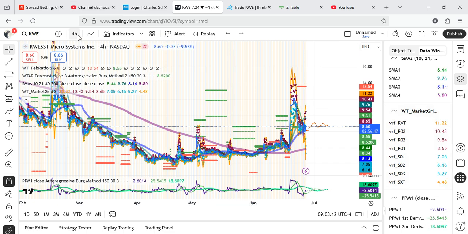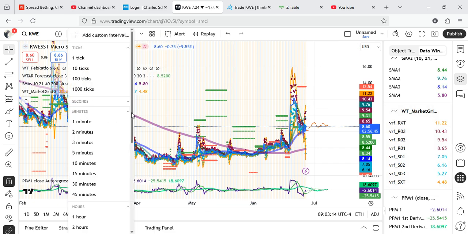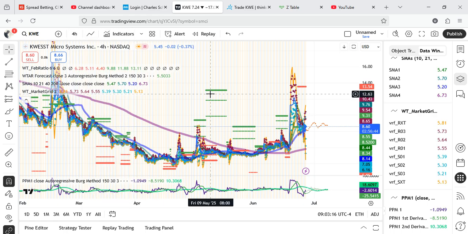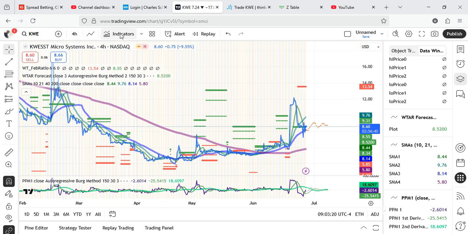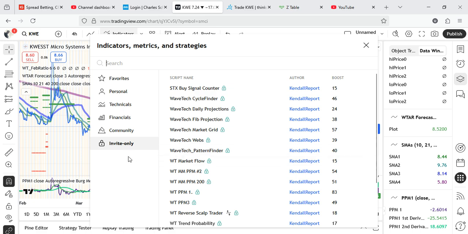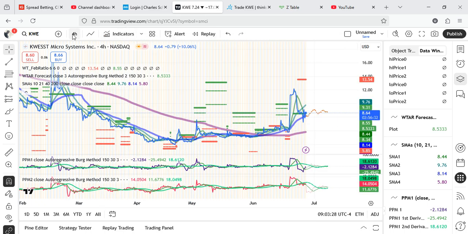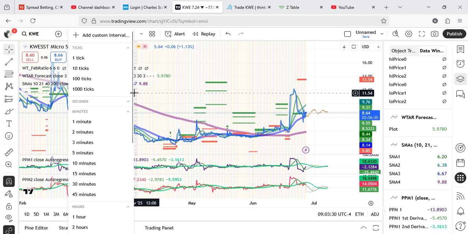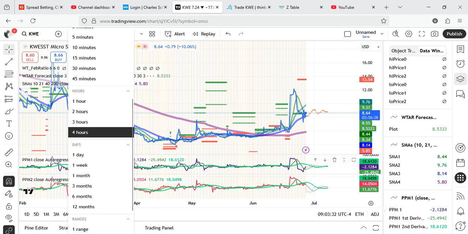We could just quickly scan through some of the short-term charts and see what's going on. First of all, let's remove this market grid. Okay, let's see what's going on the 3-hour chart.